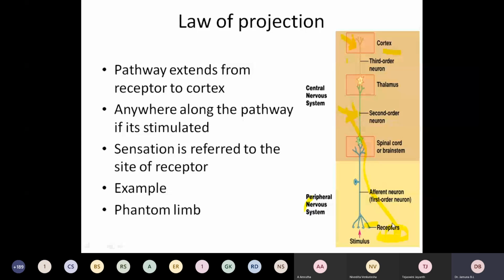So that means even though the limb is absent, phantom means false, the limb is not there, but you feel the touch sensation at that particular point. So this is very important. Usually they'll ask in a viva also: what is the law of projection, what is the basis for a phantom limb. So you need to explain. Because of the specific property of this receptor, you will feel the sensation at that location of the receptor.